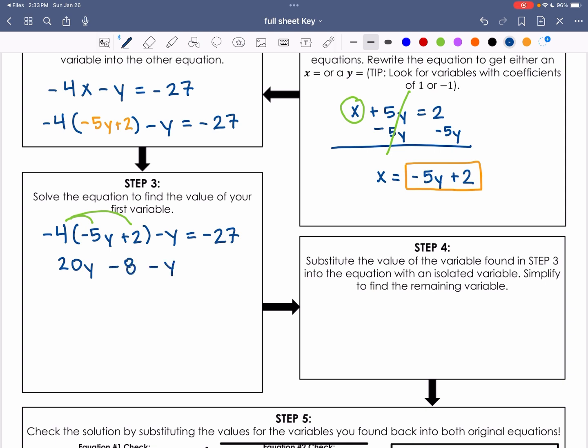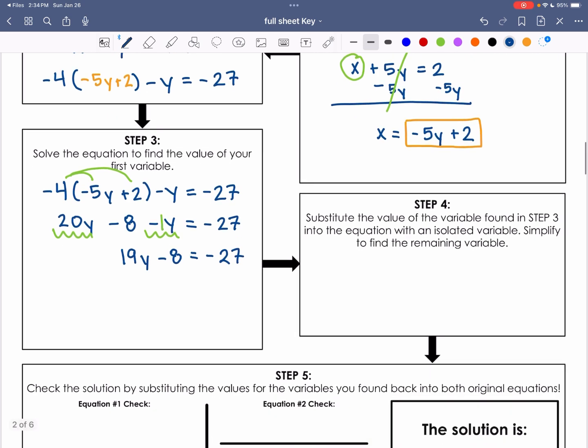And then take away y. Combining like terms, you can also think of this as a 1. We end up with 19y, take away 8 equals negative 27. And then keep solving to get your variable all alone.